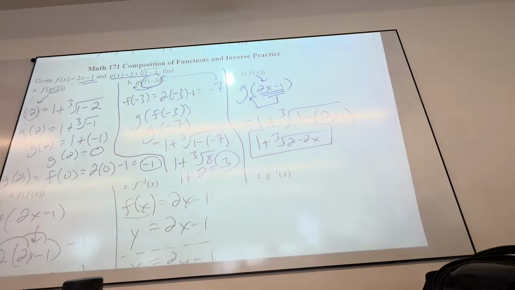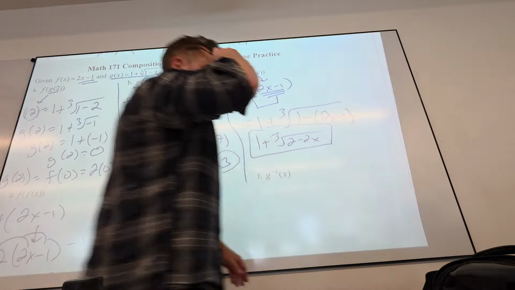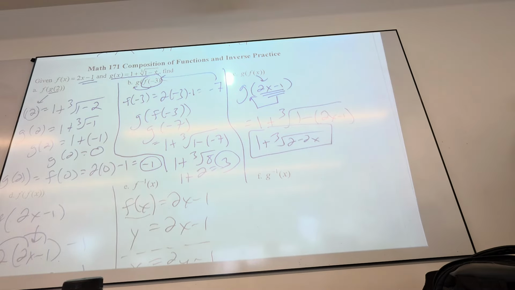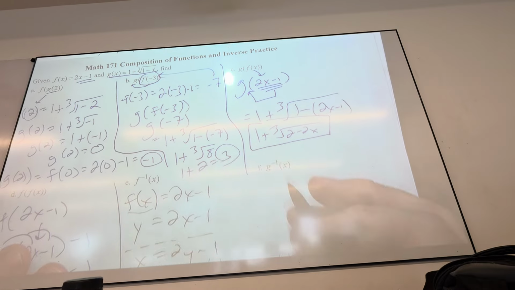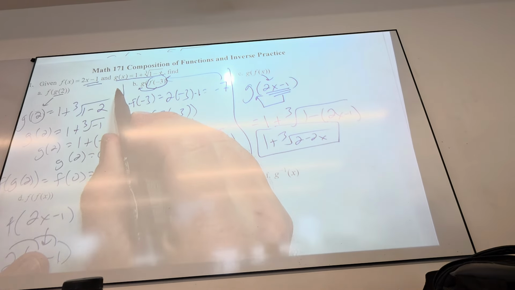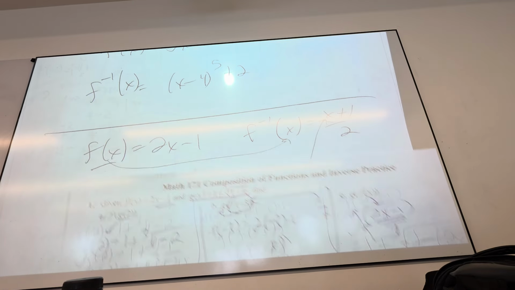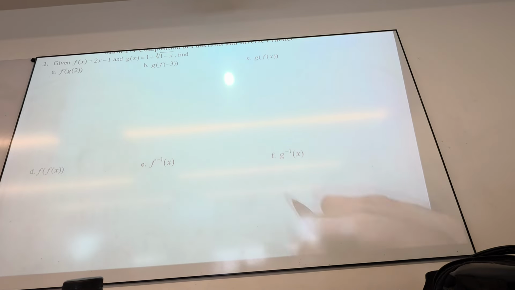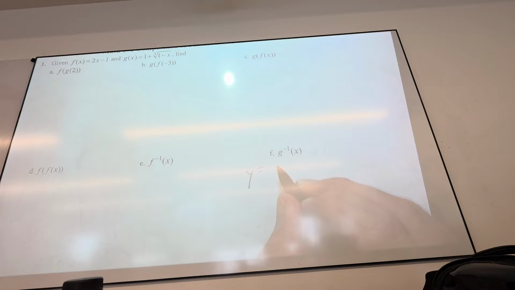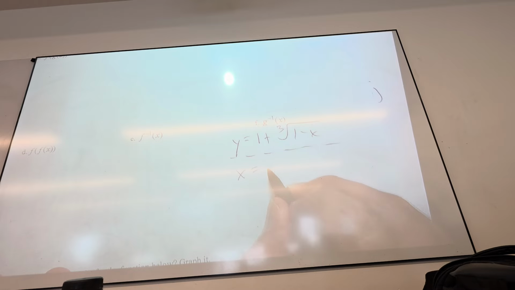Alright, let's take a look here. So I'm going to write this, I'm going to replace g with y right off the bat. Let me give myself some more room. Then I switch the x and y.